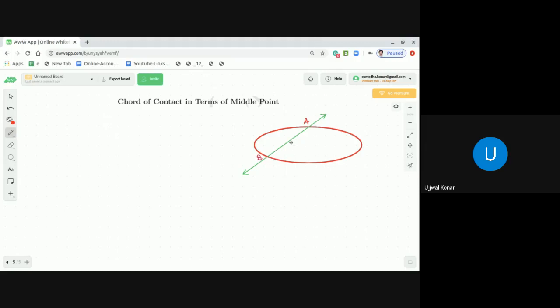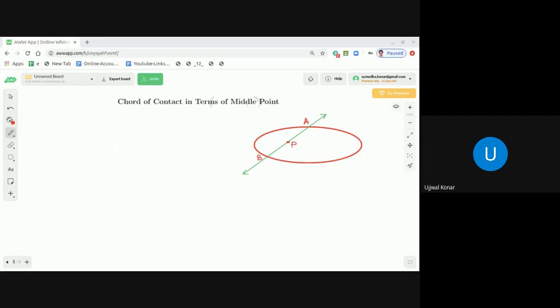Dear students, what do we know? We know the coordinate of the midpoint of the line segment AB, and let's consider this point is the point P. And what is the coordinate of the point P, dear students?